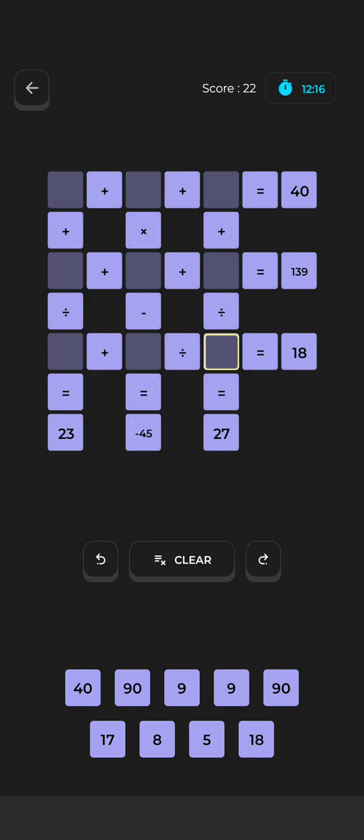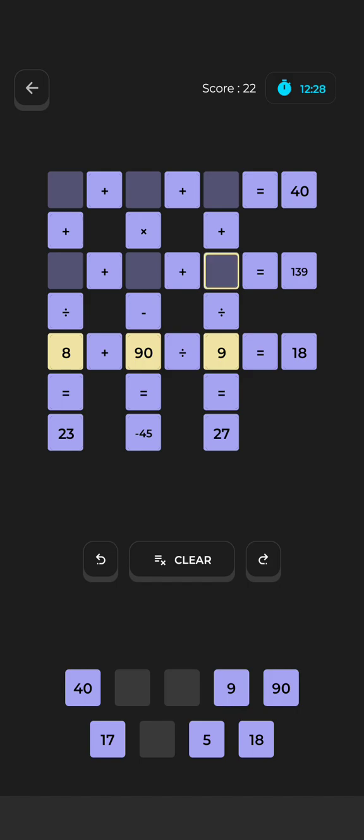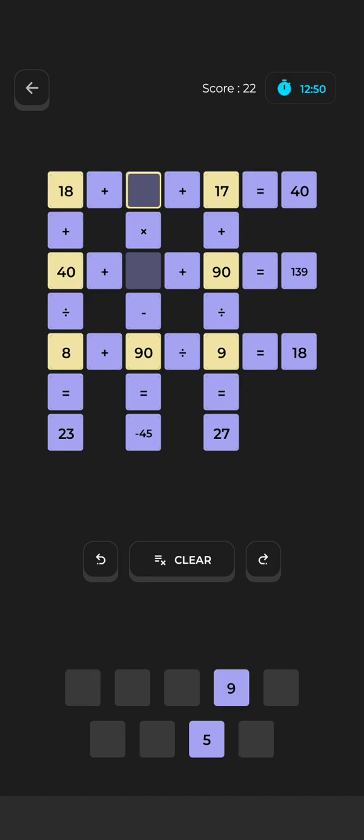So I'll start from here, that a plus b divided by c equals to 18. I think this should work. 8 plus 10, 90 divided by 9. Then we actually have two multiples, that is 90 and 18. So we have to go with 90, because then it will be 17 there. So 90 and then 17. Then we find a multiple of 8 there, so 40. 5 plus 18, 35 plus 5 and 9.